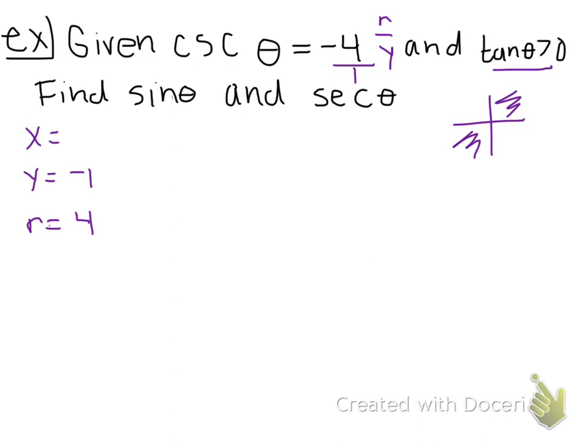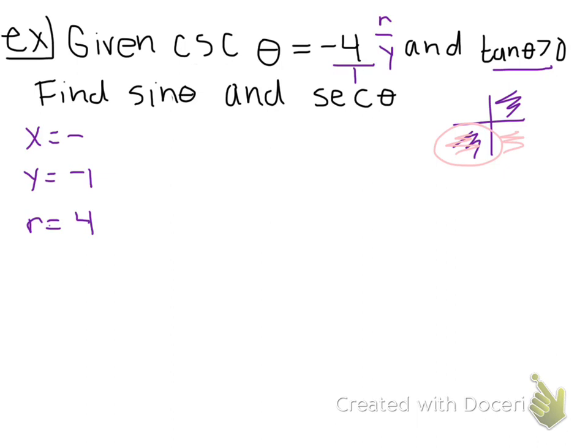Sine's positive in quadrants 1 and 2. So sine or cosecant would be negative in 3 and 4. So we're in quadrant 4, which means x has to be negative. Now, other way to think about this is if you know the y value is negative, the only way tangent's going to end up being positive is if x is negative as well. So that's your other school of thought that you can do.